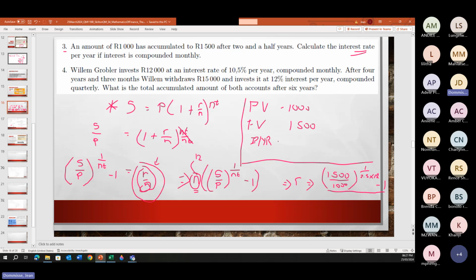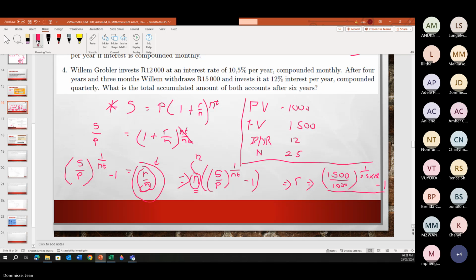Some say P/YR, some might say P/R, so it does seem a bit different, but you know it is 12 times per year. Then your N is 2.5 years. So that's the N on your calculator.